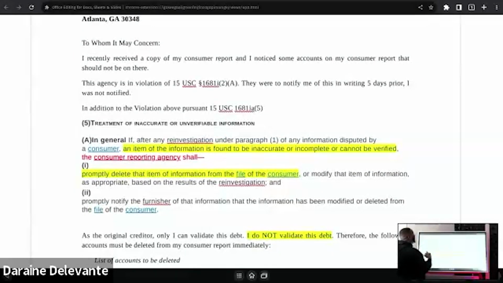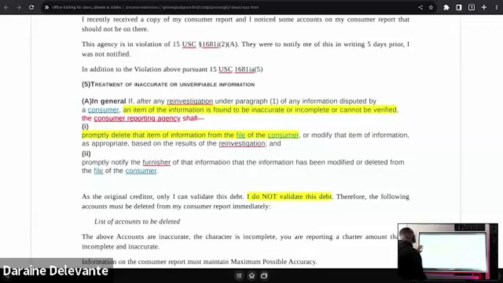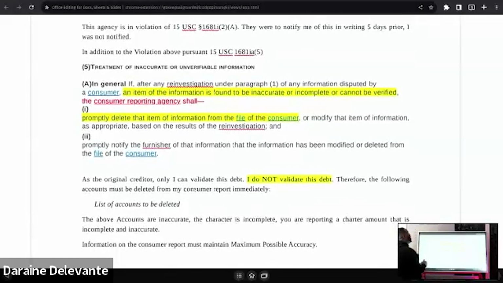This agency is in violation of 15 USC 1681i(a)(2)(A). They were to notify me of this in writing 5 days prior. I was not notified.